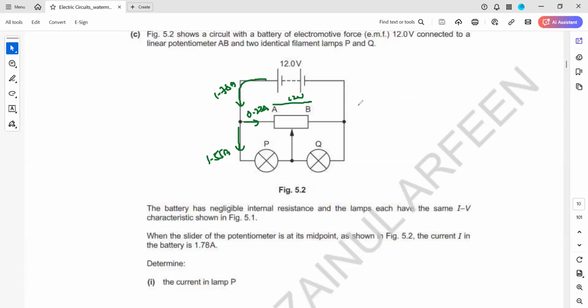We need the resistance of this component. Resistance is the ratio between voltage and current. The voltage is 12 and the current is 0.23 ampere. So 12 divided by 0.23, we get the resistance, which is 52.2, and the unit of the resistance is ohm.